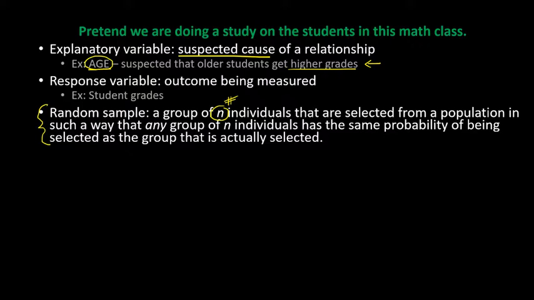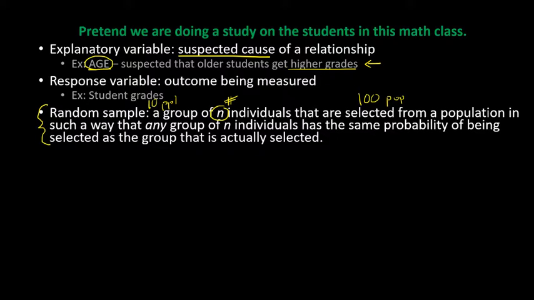So to make this a little more clear, let's plug in a number. Let's say, for example, we want to sample 10 people out of, I don't know, 100. So I have a population of 100, and I've decided that I'm going to take a sample of 10. In order for my sample to be truly random, I'm saying that I've selected 10 people at random, but it would have been equally likely that any group of 10 people from that population would have been selected.